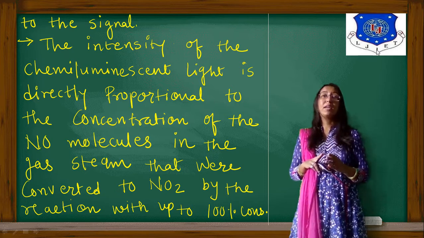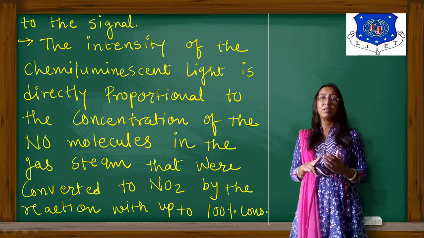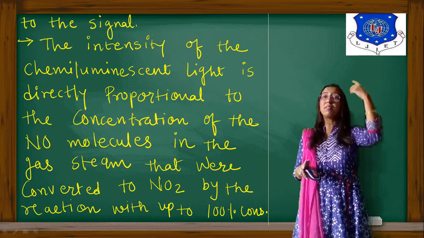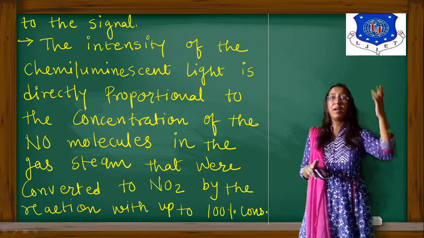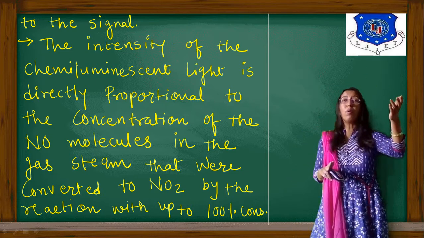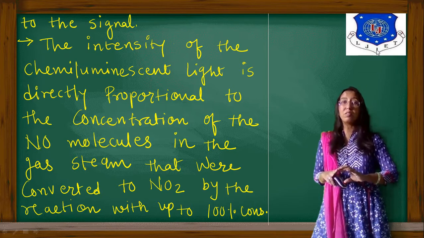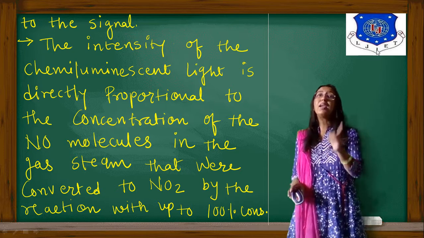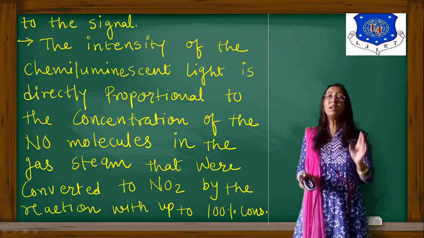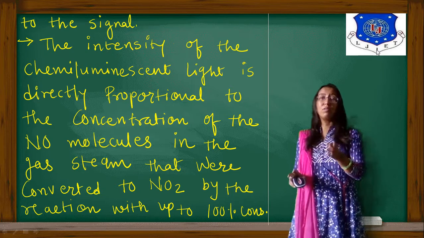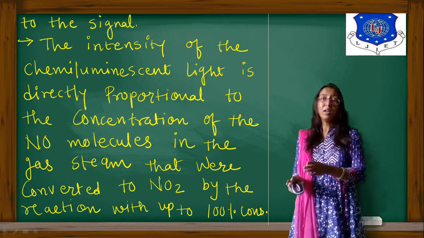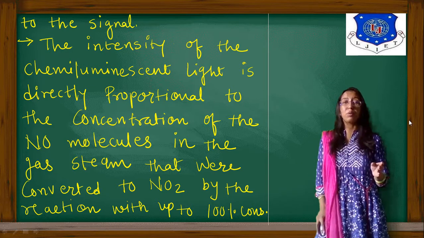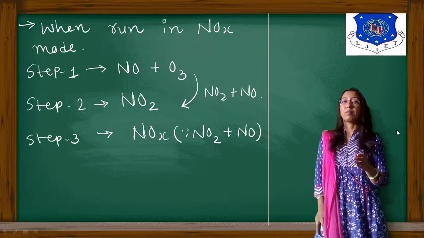Here we know chemiluminescence light is emitted when NO2 goes from the excited state to the ground state. So that chemiluminescent light is directly proportional to the concentration of the NO molecules in the gas stream, which are converted to NO2 by reaction up to 100% concentration.